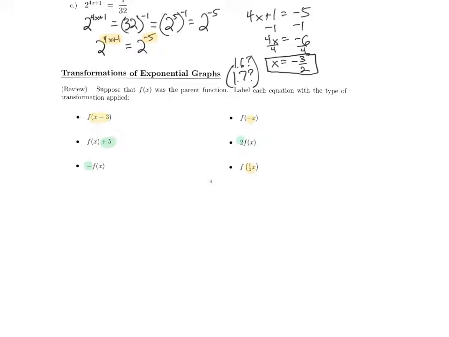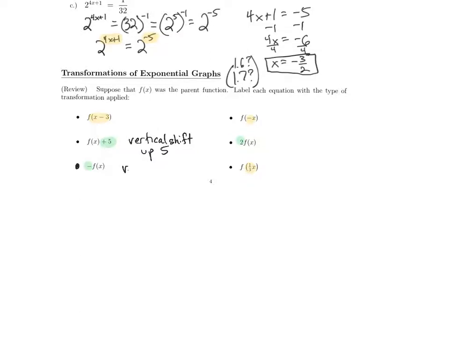Now, let's do the vertical transformations first. For vertical transformations, remember that if we add or subtract a number on the outside, then that's a vertical shift. If it's a plus, then it's up. If it's minus, it's down. So this is a vertical shift up 5. With this one right here, we're going to be doing a reflection.